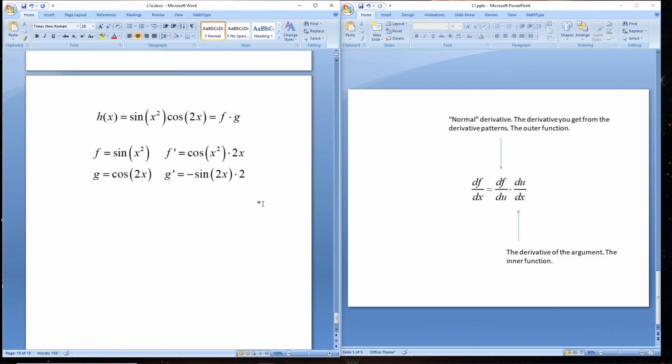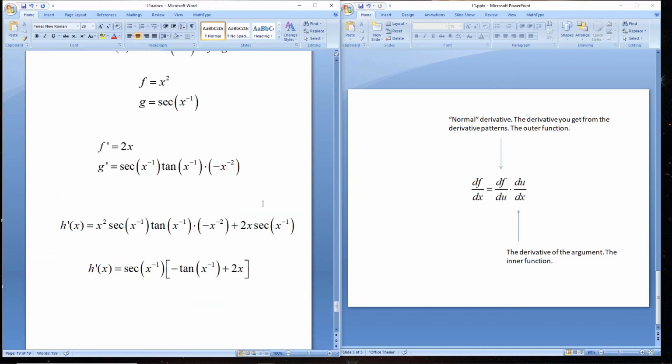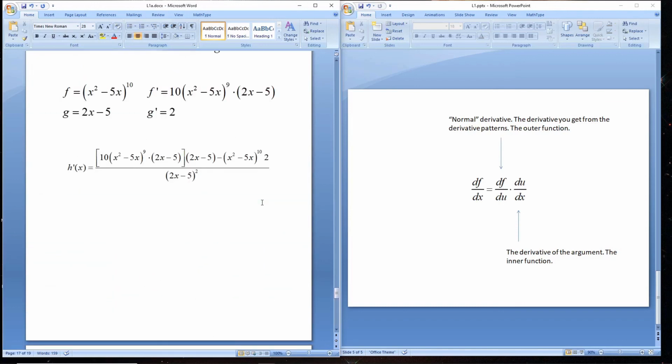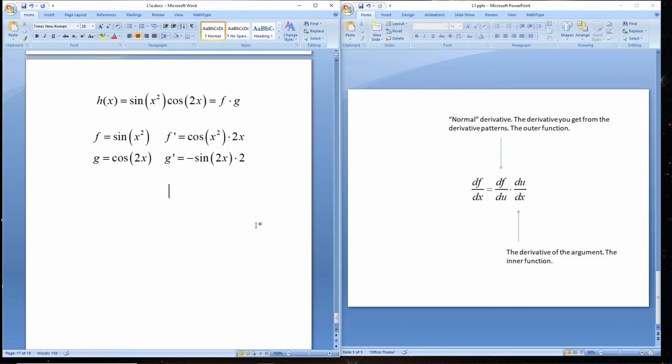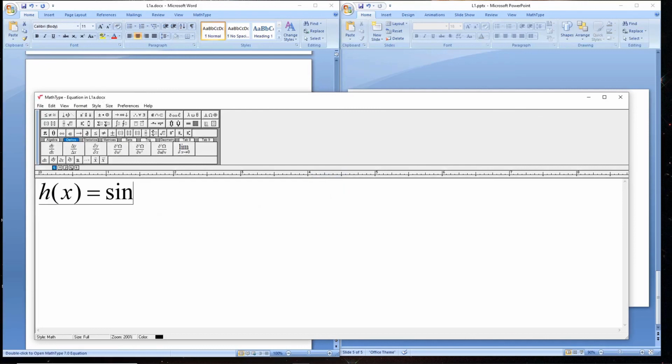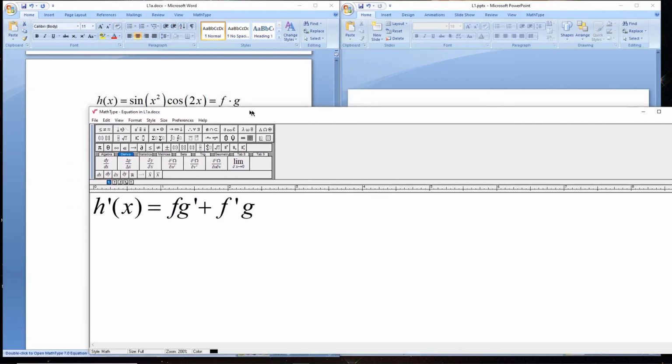And now we'll put these pieces together. I'm just going to grab my, I didn't paste it in there. I'll have to rewrite it again. And then we're going to put that all into the product rule. So just to write that out again so you know what the product rule is. There it is.